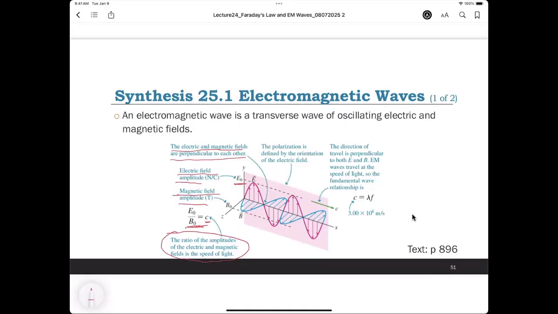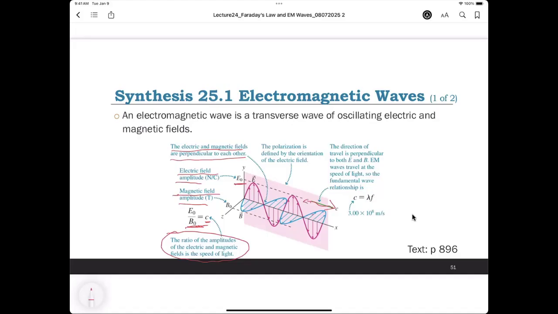The polarization is defined by the orientation of the electric field, so it has nothing to do with the magnetic field. The direction of travel is perpendicular to both E and B.